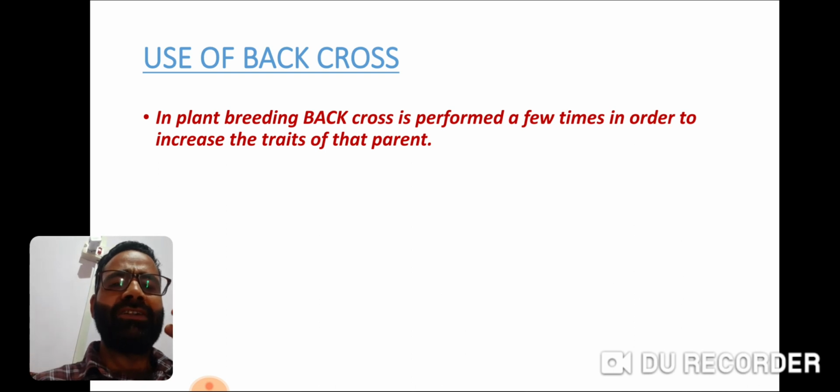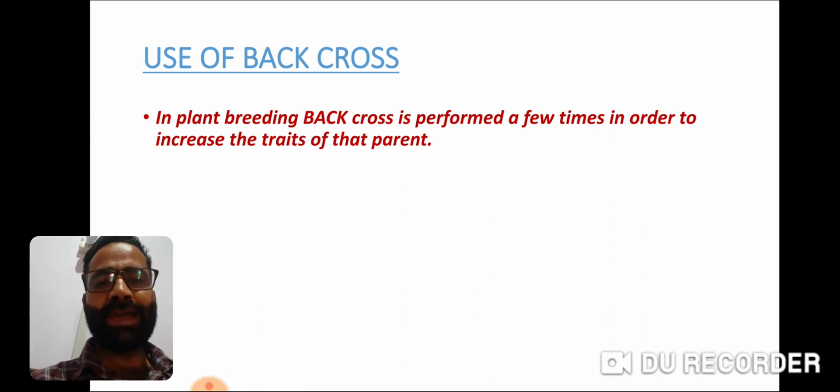In order to obtain those traits back in this hybrid plant, it is repeatedly back crossed to its parent so that these good traits get transferred back to the hybrid. So this is about the back cross.